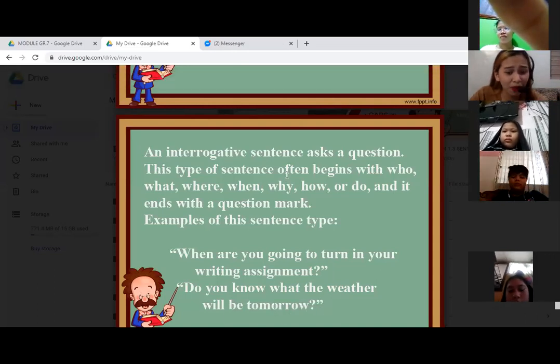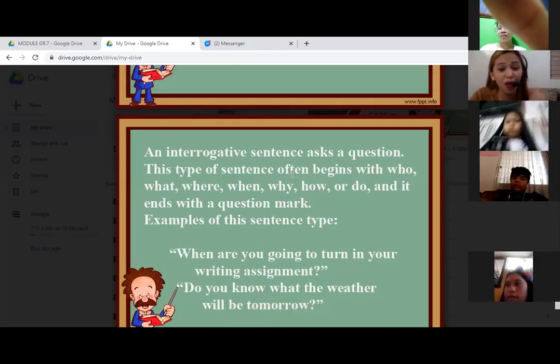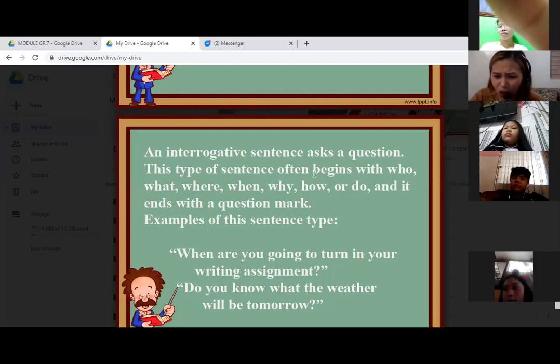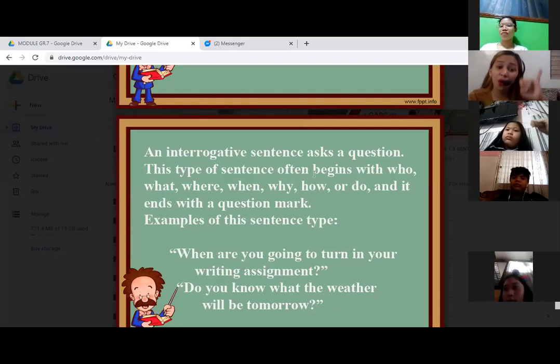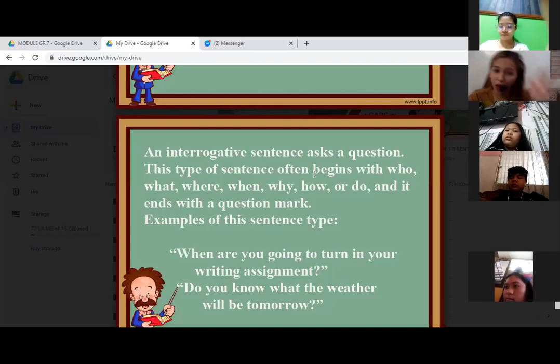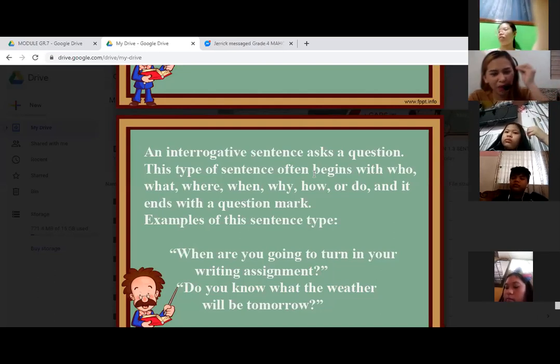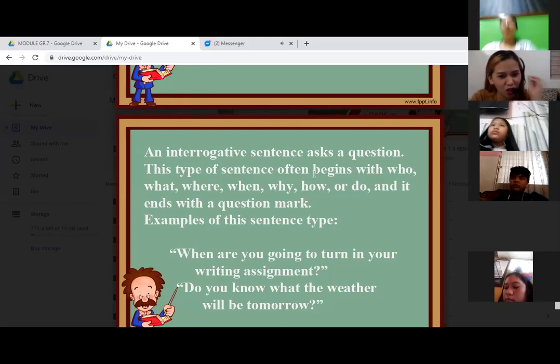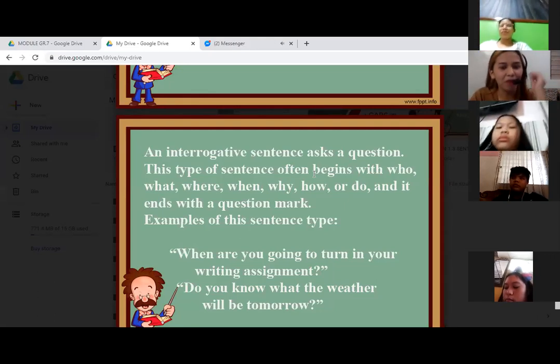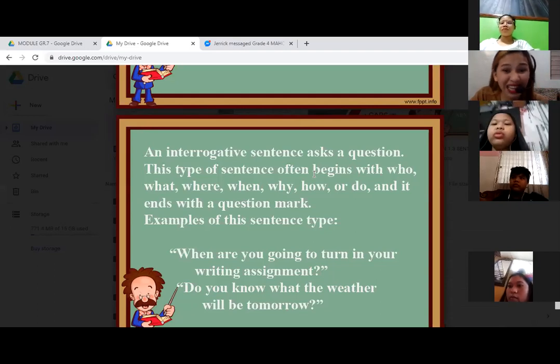And this type of sentence often begins with WH questions. So what are the usual WH questions? Who, what, where, when, why, how? If the sentence begins with a WH question, automatically it's interrogative. Walang nakikiusap na nagtatanong. 'Di ba?